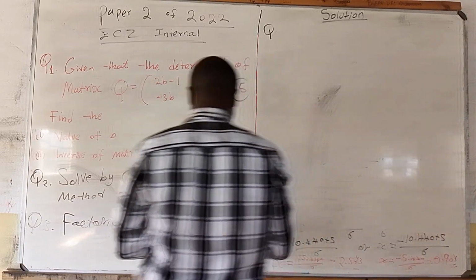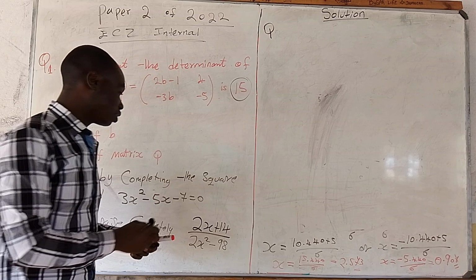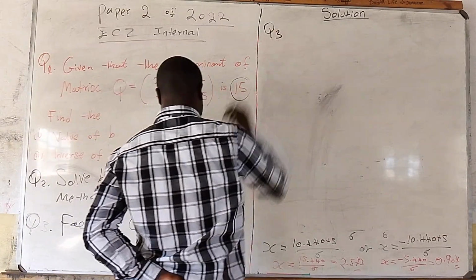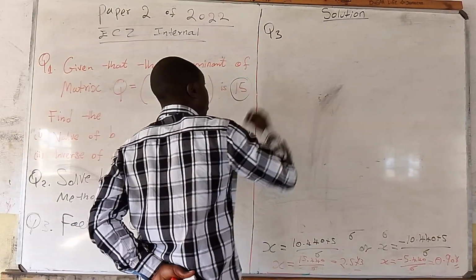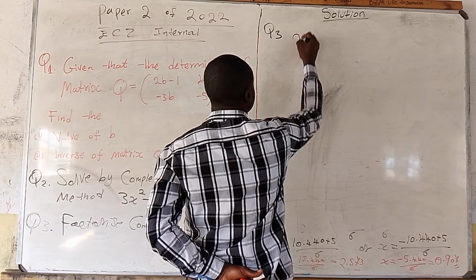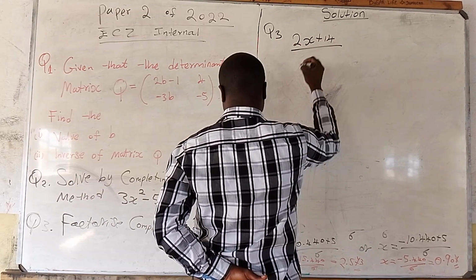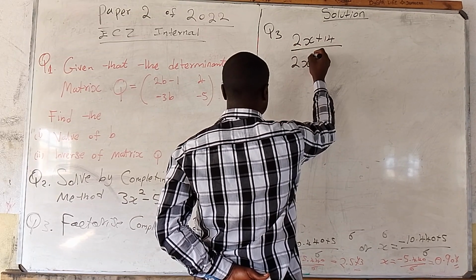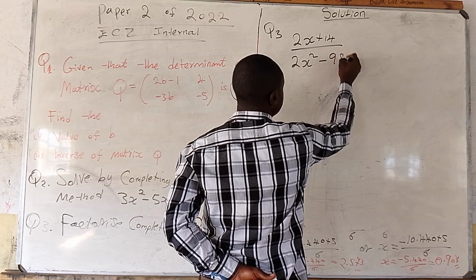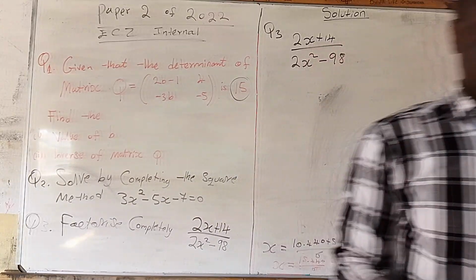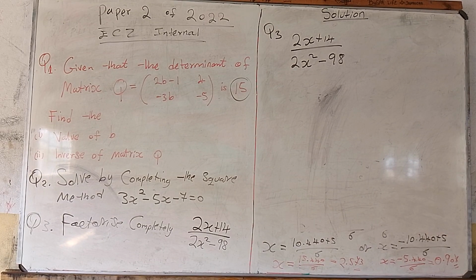The question we have is question 3: 2x plus 14 over 2x squared minus 9x. You can pause the video and try to solve it to see if your solution is the same as mine.